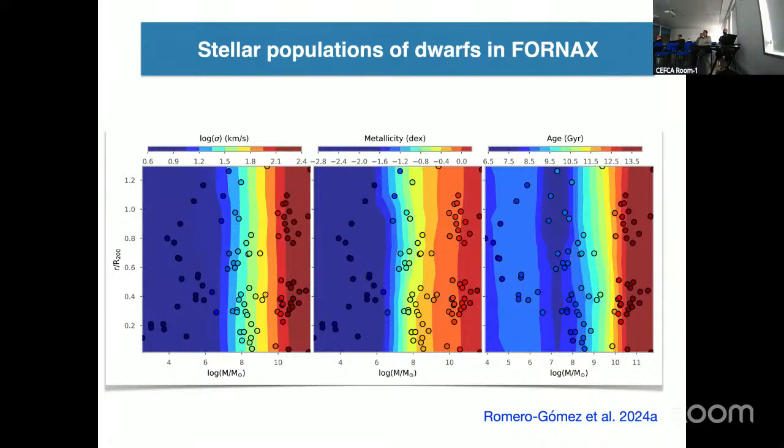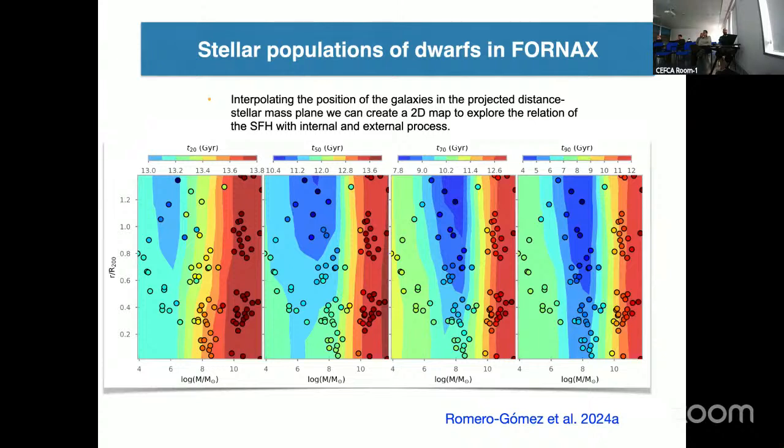But if you put the T20, T50, T70, T90, look at very massive galaxies up to 10 to the 9, more or less, the environment is not influencing in this time scale, because the population of the stars of this galaxy is formed at high redshift, and that's all.